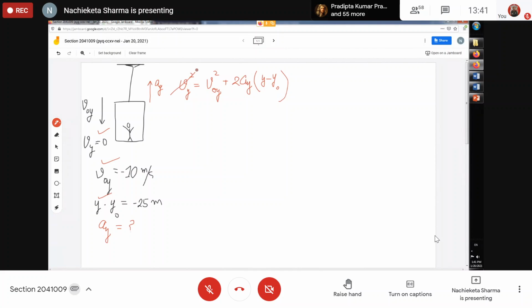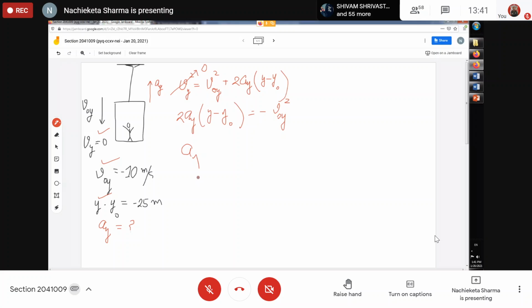So I can write 2 ay into y minus y naught is equal to minus v naught y square, the initial velocity square. So what will be my ay?